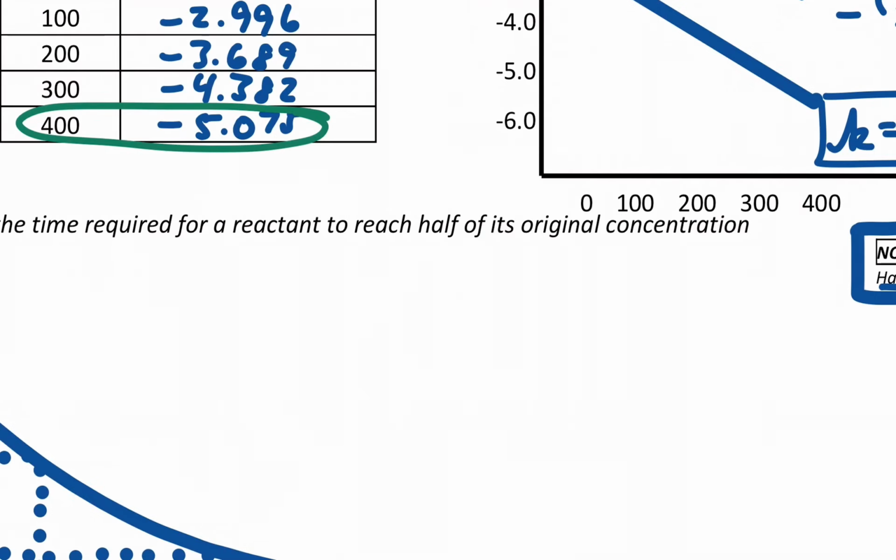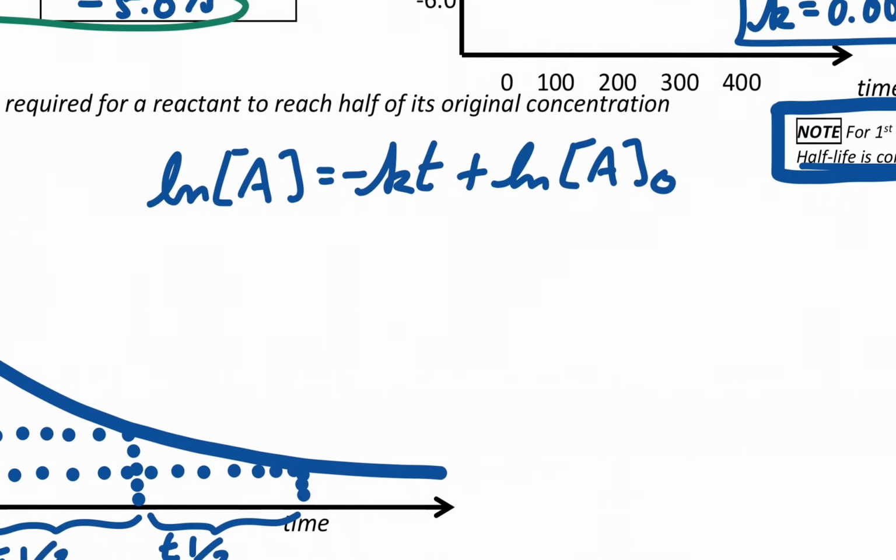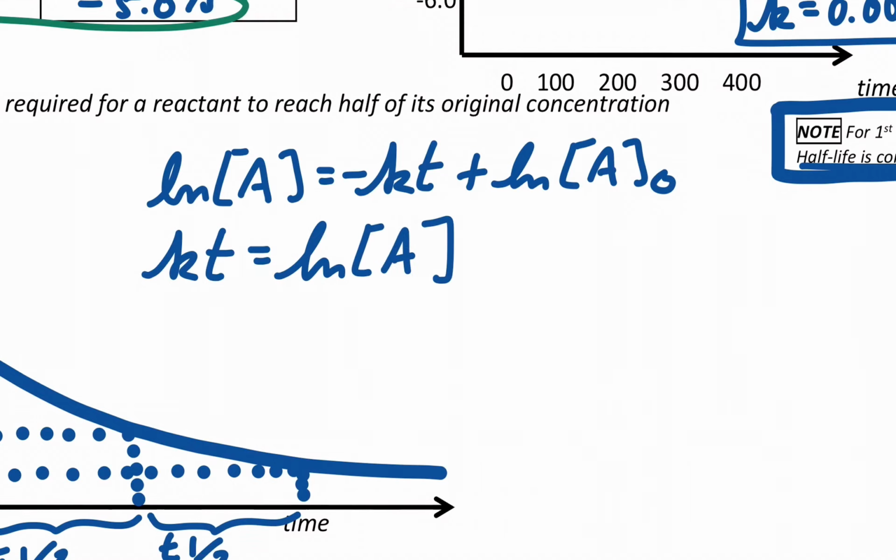So if this is a first order process, we have the equation, the natural log of A is equal to negative kt plus the natural log of initial A. And I'm going to rearrange and solve for kt, move it to the other side. kt is equal to the natural log of initial concentration minus natural log of A at some time.